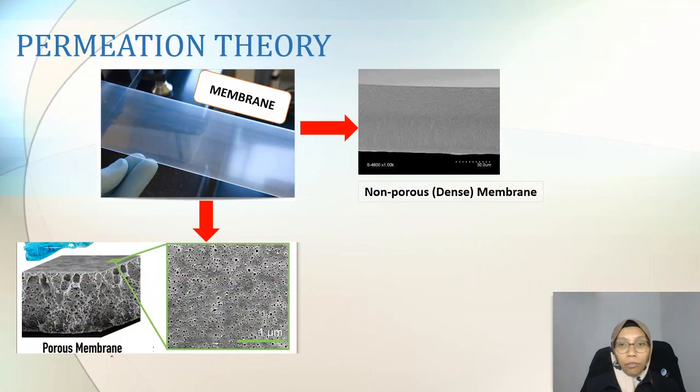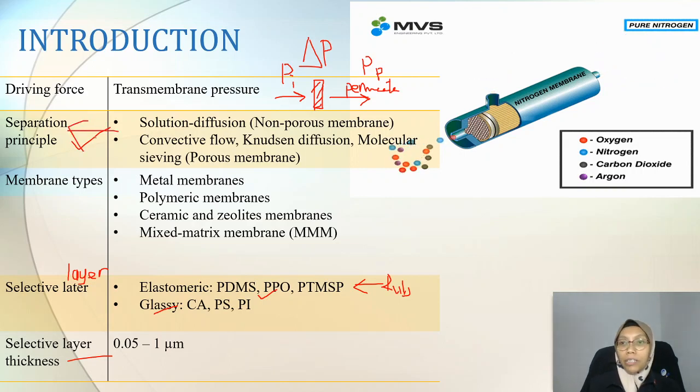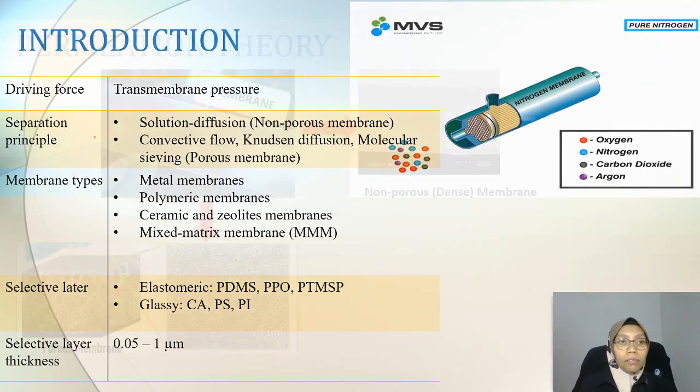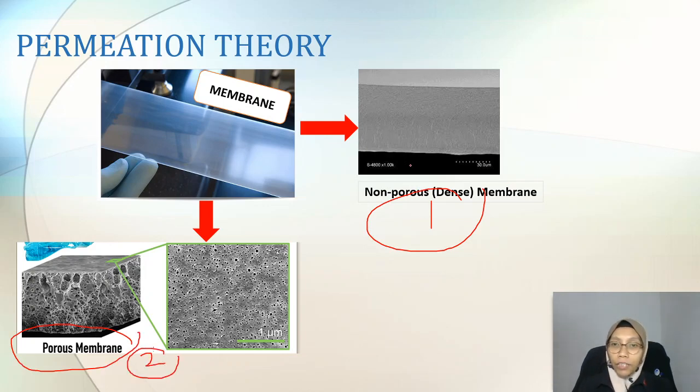What is permeation theory actually? It is what we call the separation principle. As I mentioned just now, the separation principle can occur in two types of membrane. One is non-porous, which we call dense. The other we call a porous membrane. As you can see here, for the first type there are no pores on this membrane.